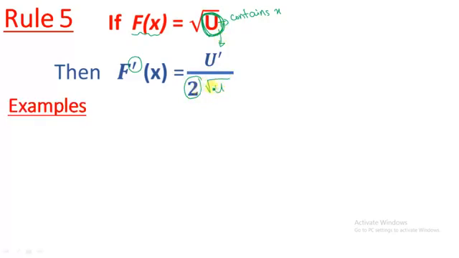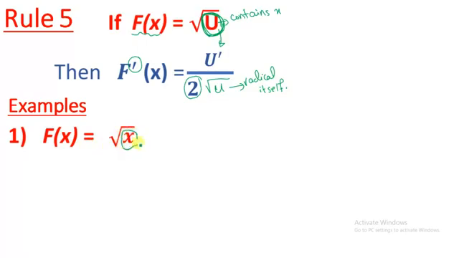That means 2 multiplied by the radical itself. I will show this in examples. First, if I have the function f of x equals radical x, you see the quantity under the radical is x.